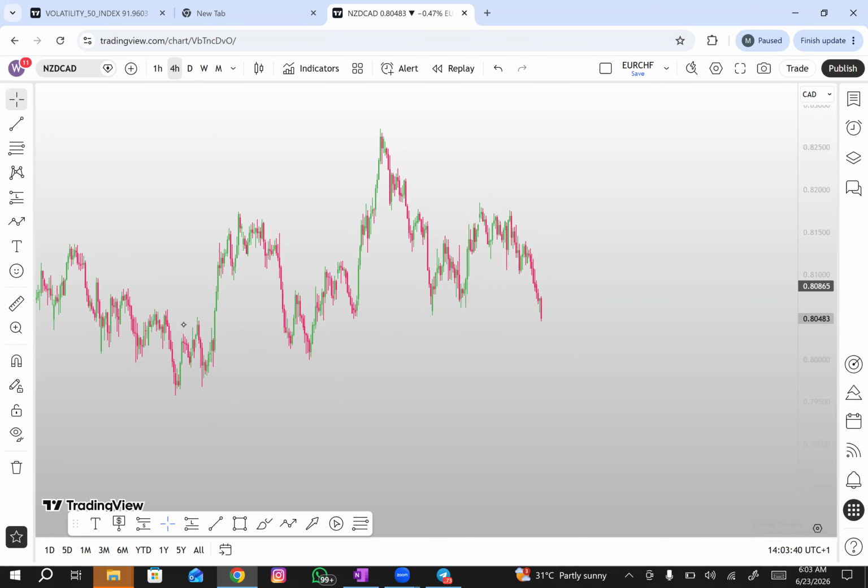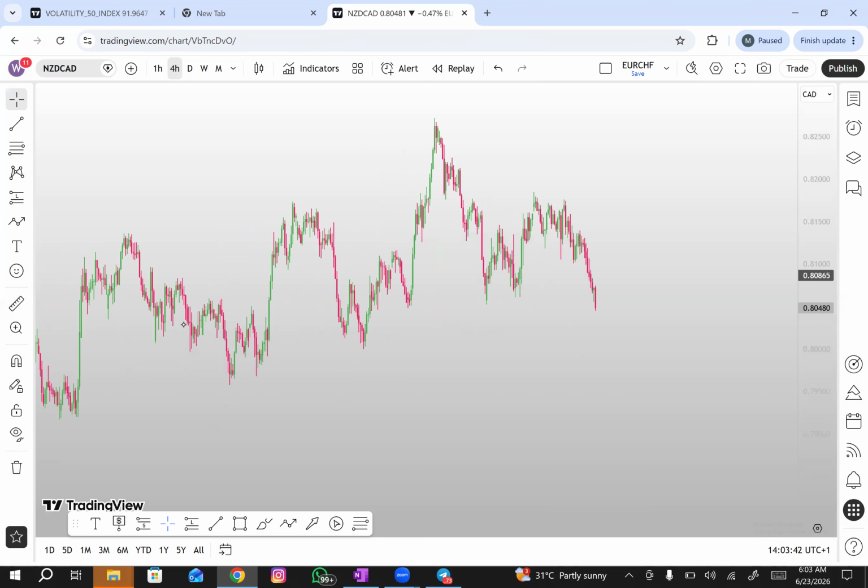Once you spot your pattern, the first thing is to mark it out. So we have a sweep right here. I expect it to be perfect. You have a sweep right here.